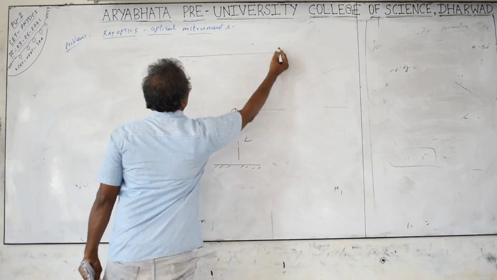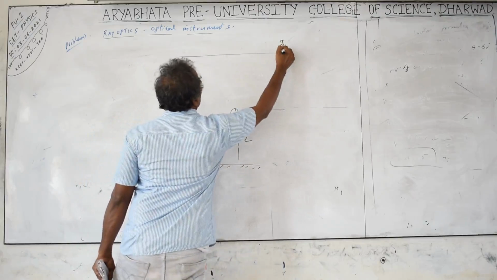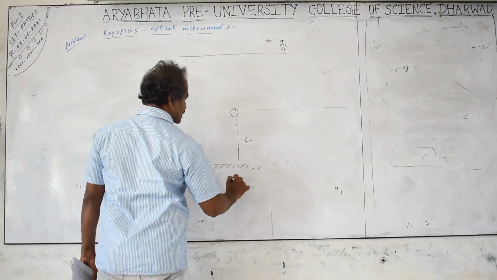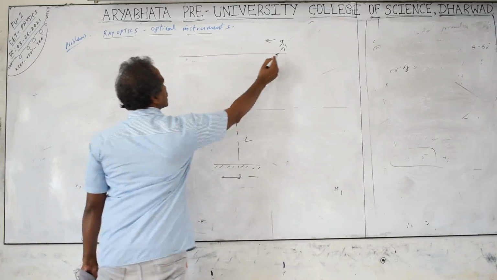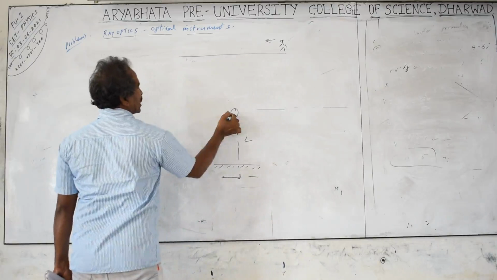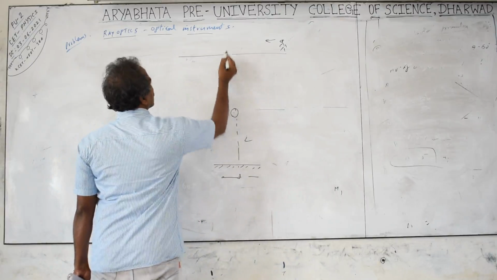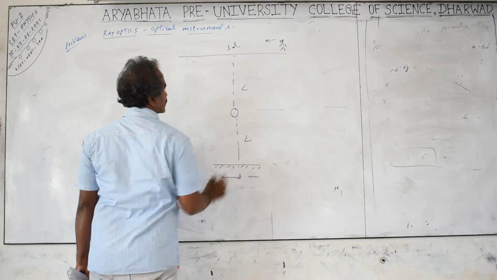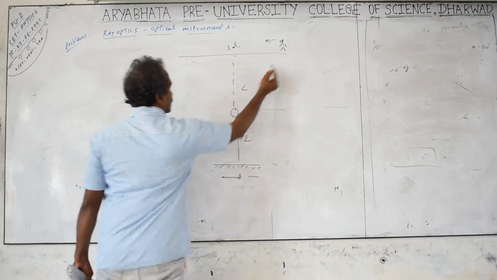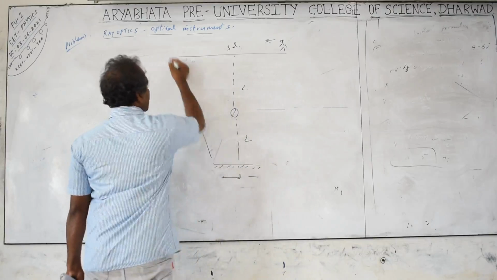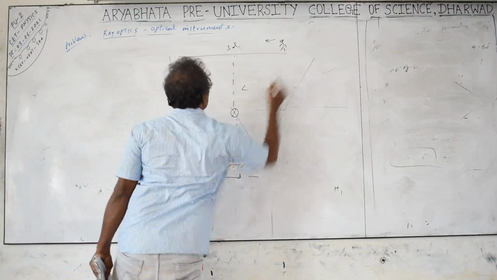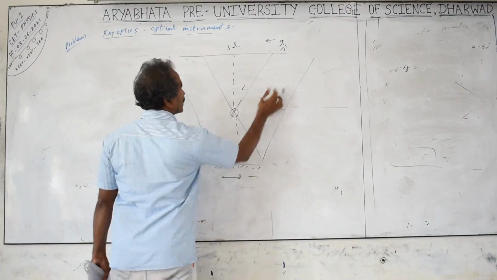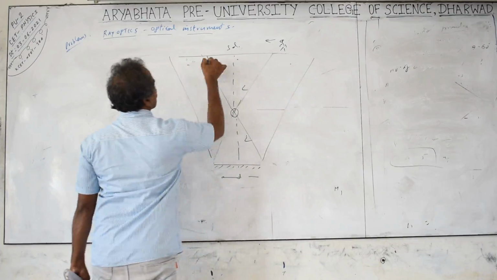While he is walking like this, the width of the mirror they will give you as D. How much distance can he see the light of this bulb after reflection? That is supposed to be equal to 3D. This is L and this is also L. Light rays coming from here are reflected this side, reflected this side, goes like this. D, D, D, you will get a total of 3D.